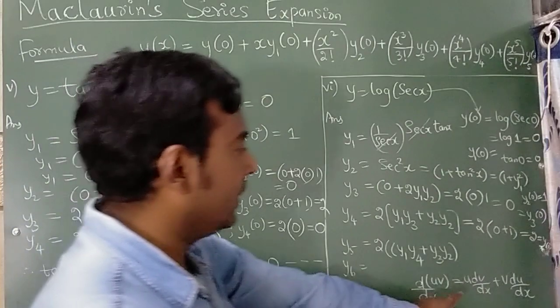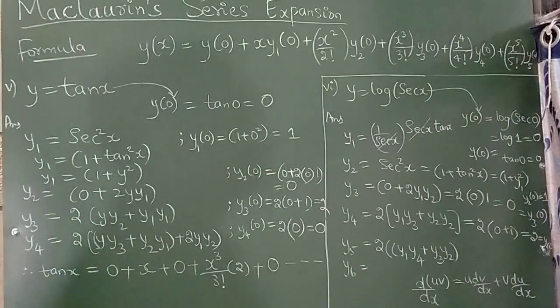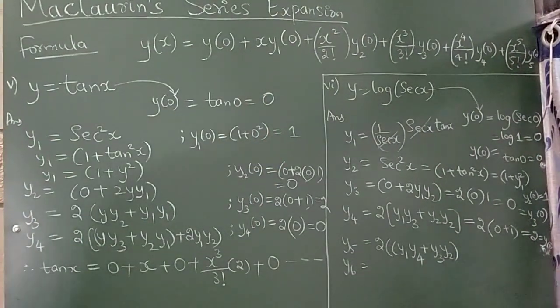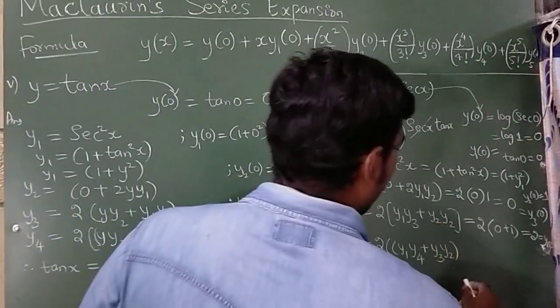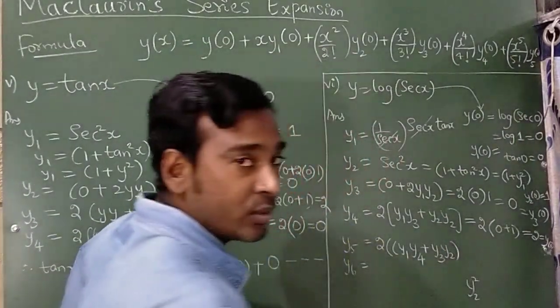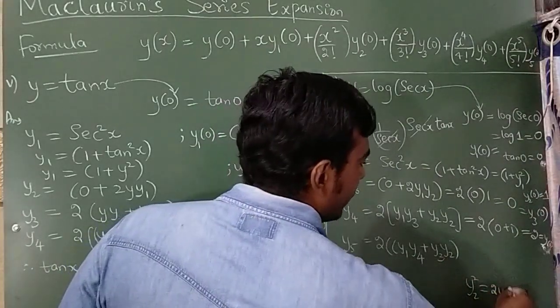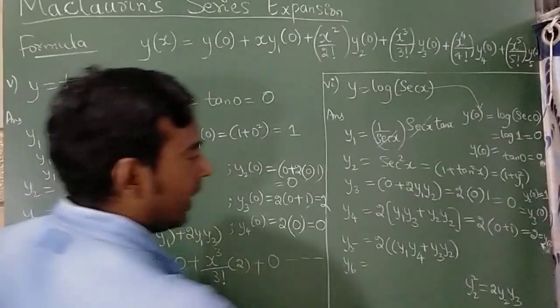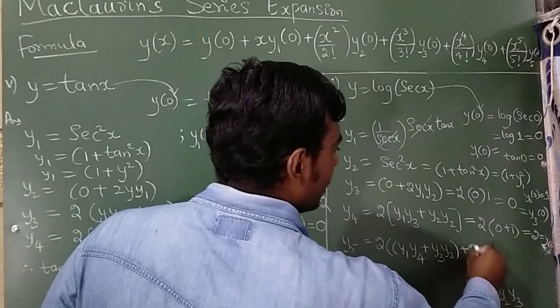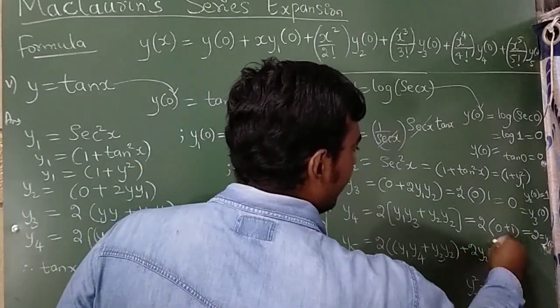Fine. Now y2 into y2 will become y2 square. So if I differentiate this, I'll get 2 y2 y3. So I'll write this here, plus 2 y2 y3.